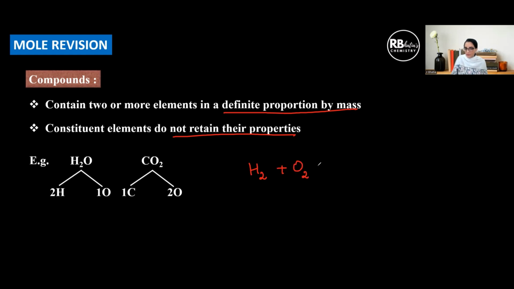Oxygen supports combustion, whereas when the two combine to form water, water has none of these properties. It is used to extinguish fire. So you understand, when hydrogen and oxygen chemically combine to form water, in this compound the two elements lose their original properties.